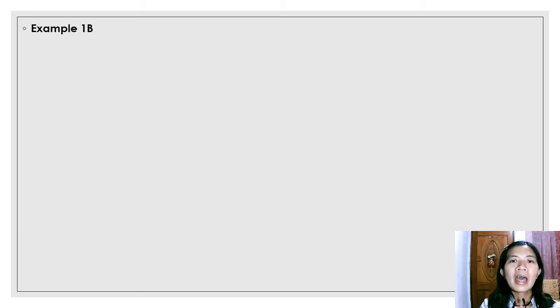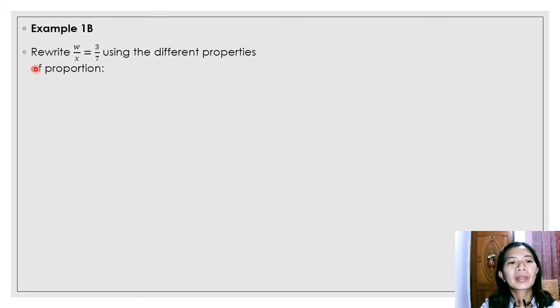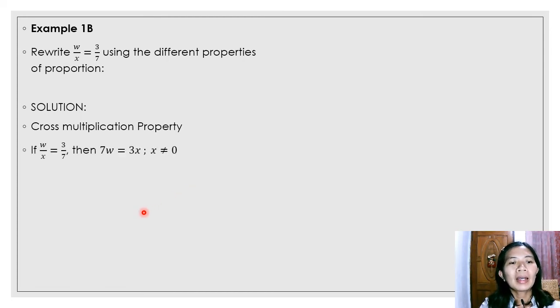So let's have some examples. Rewrite W over X equal to 3 over 7 using different properties of proportion. So we will rewrite this. Solution: using the cross multiplication property, we are going to cross multiply.